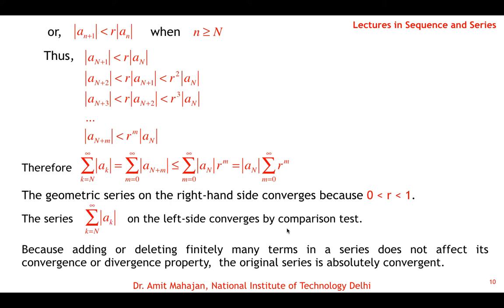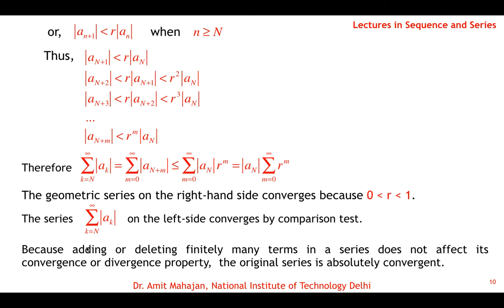And since adding or deleting a finite number of terms does not change the convergence or divergence property, the original series, which is from k equal to 1 to infinity on modulus, is also convergent. And if the modulus series is convergent, then the original series is absolutely convergent.